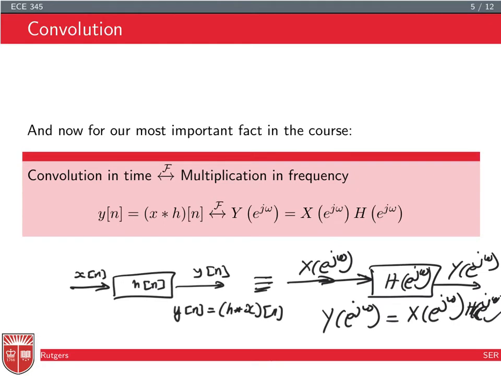So basically convolution in the time domain is multiplication in the frequency domain. The importance of this property is that convolution is very tightly connected to the input-output of a linear time-invariant system. We will apply this a lot in examples.